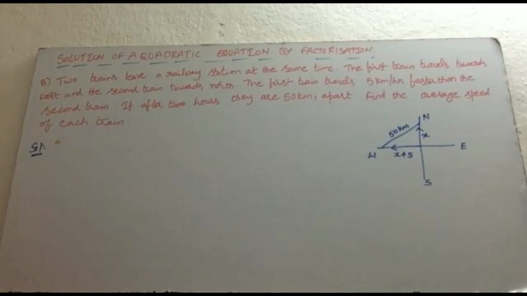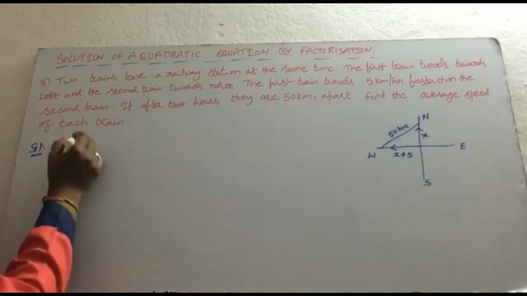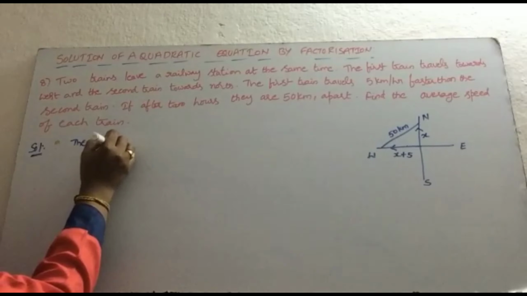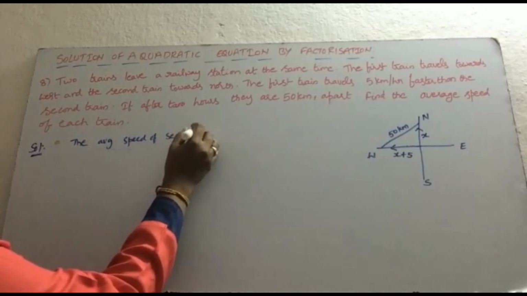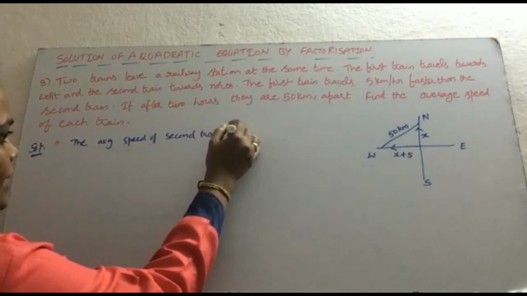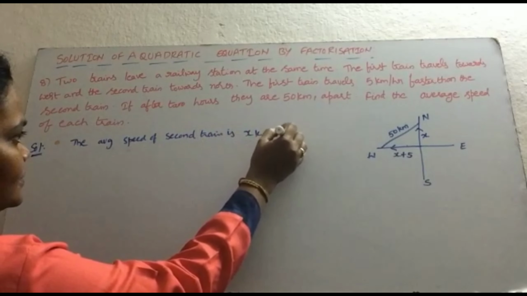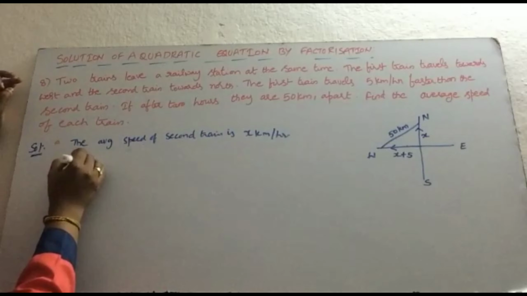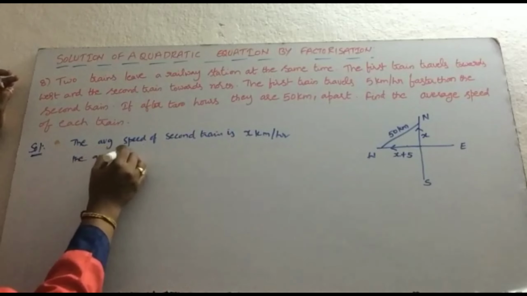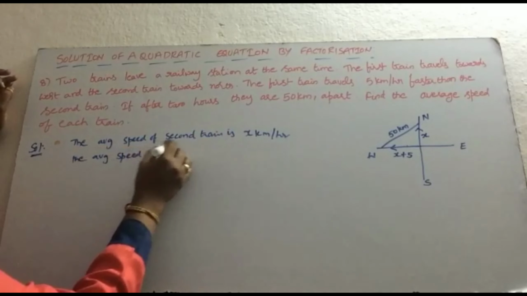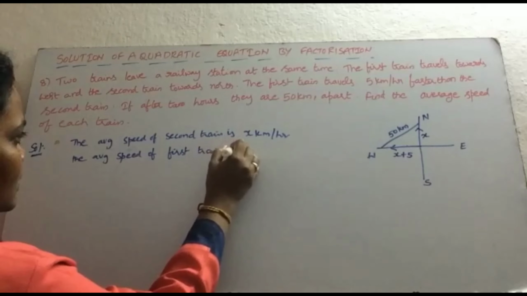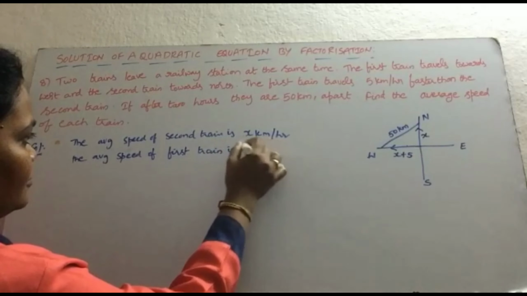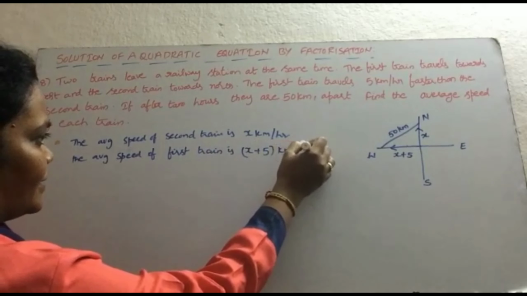Now, the average speed of second train is x kilometer per hour. Then the average speed of first train is x plus 5 kilometer per hour.